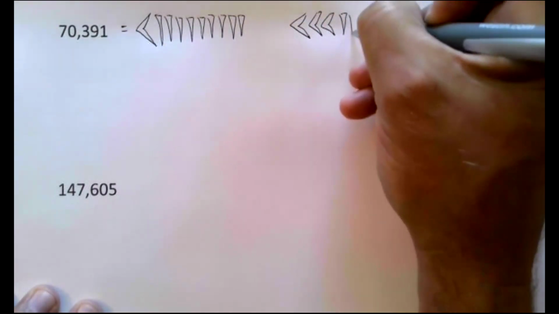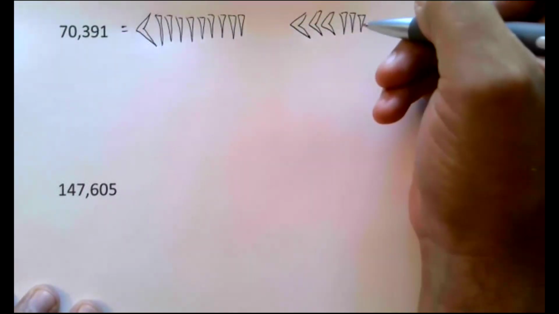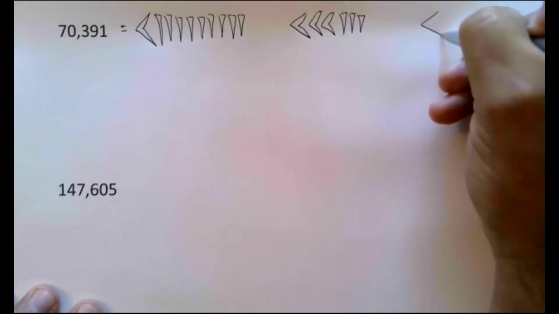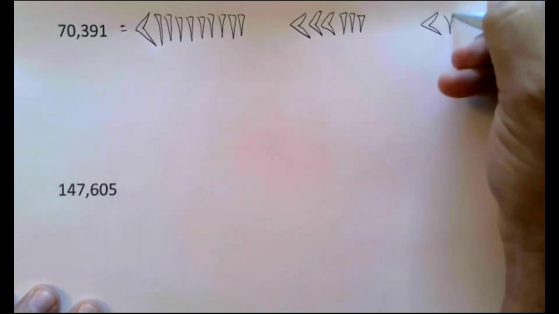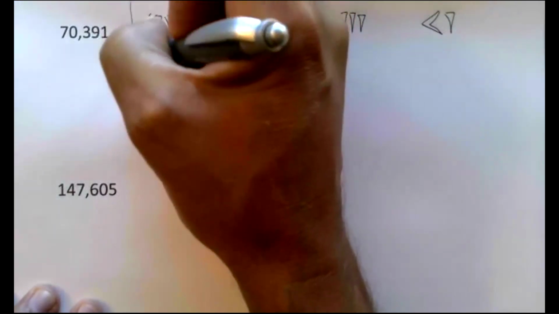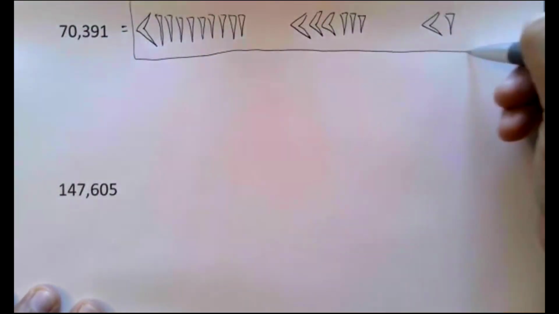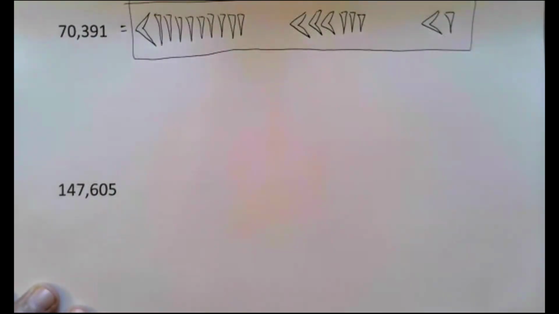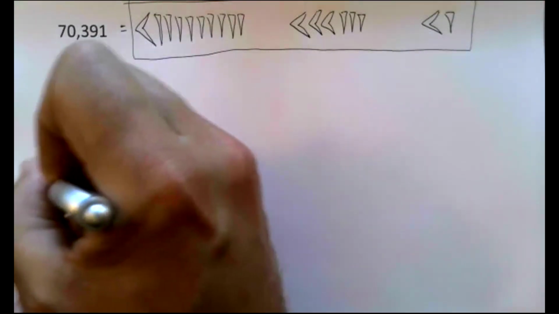There's 30, there's 3, big space, and then 11, and then 1. This is the final answer for 70,391.